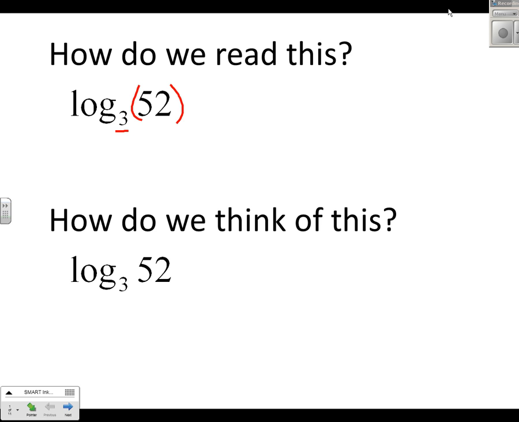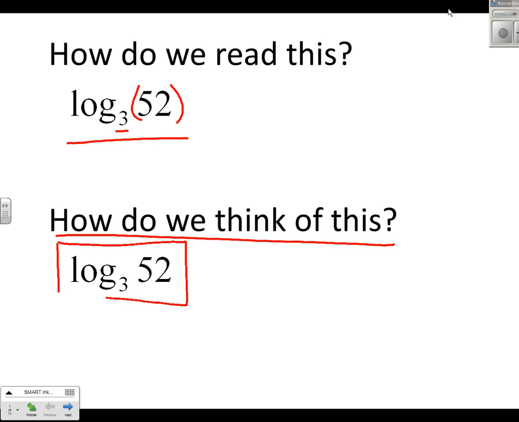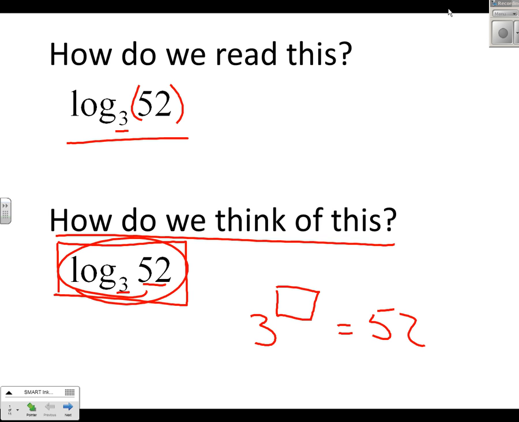So how do we read this? We would read this as log base 3 of 52, but should we be thinking of it that way? I would think of it as the exponent that turns 3 into 52. In other words, this would get the job done if it was placed right here, the whole thing.